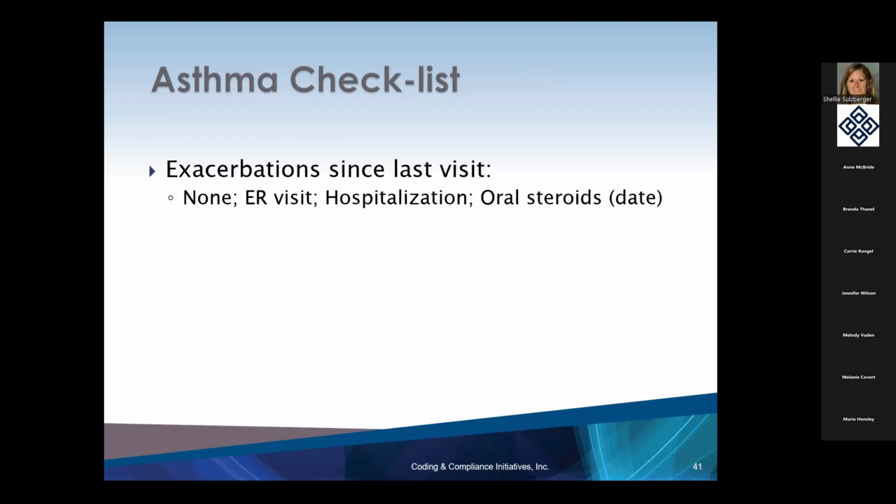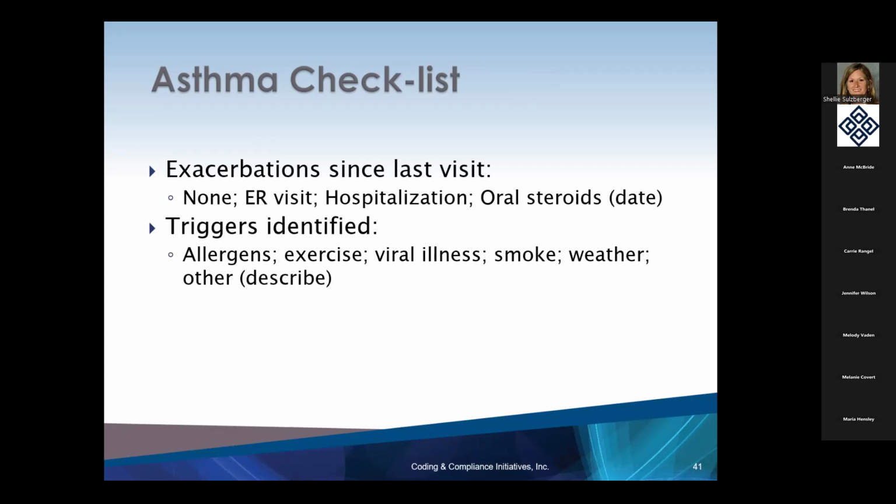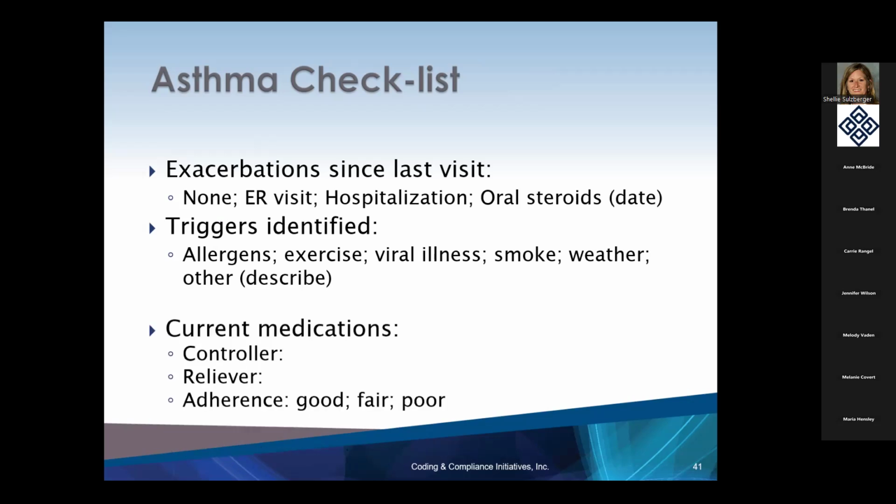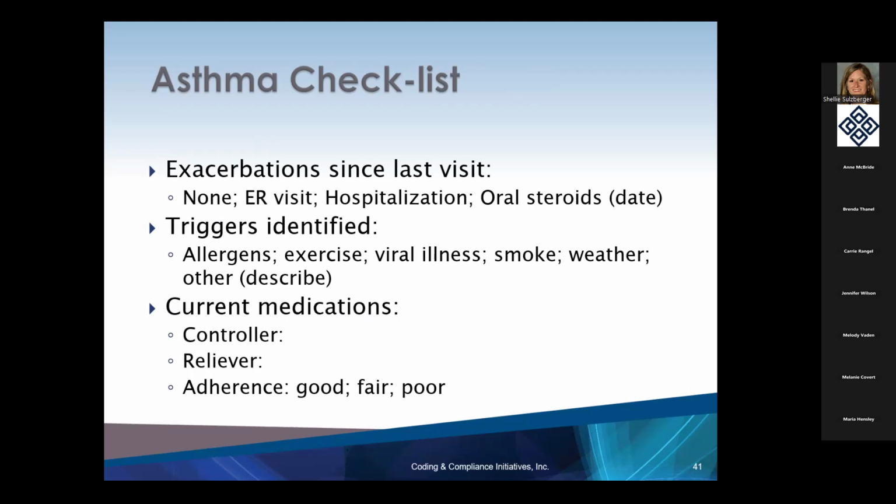Are they having any exacerbations? Have they been to the hospital, the urgent care, or the ER? Have they noticed anything that triggers their asthma? Smoke, weather, viral illness, maybe that they've had. Their current medications: I want to know what you're taking, how often you're taking them. Do you take them correctly? Are they working?